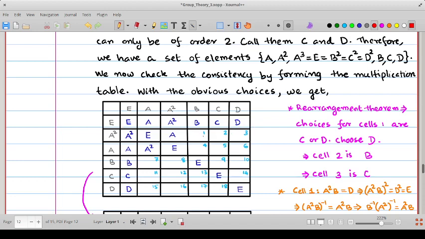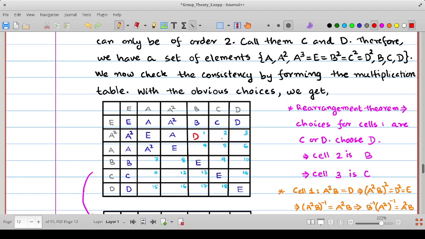So now the row corresponding to cell number 1 contains elements A square and E, and the column contains B and E. So the only remaining possibilities out of the remaining elements are C or D. So we have a choice. We can either take C or D. We will start with the choice that this cell is equal to D.